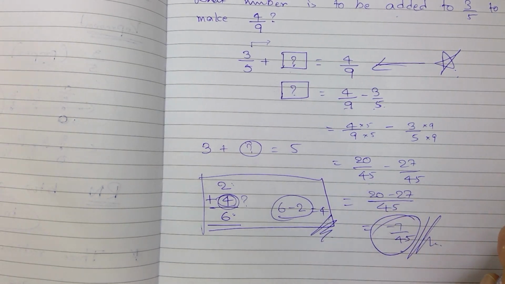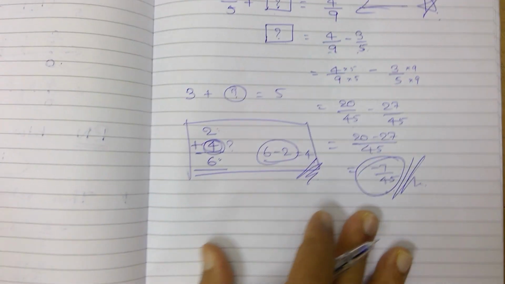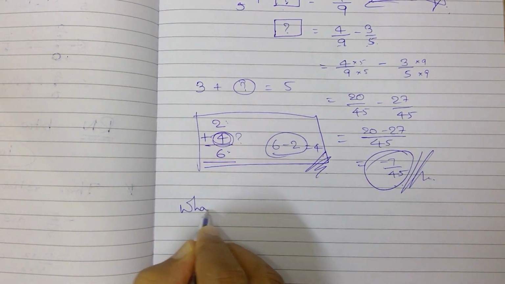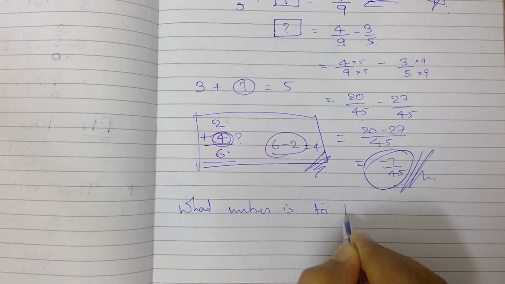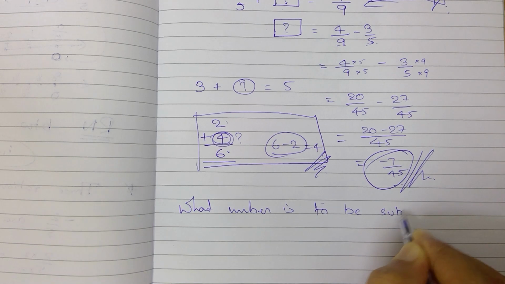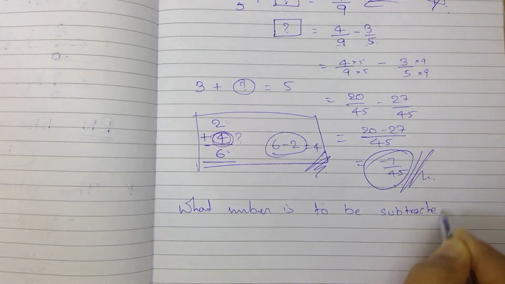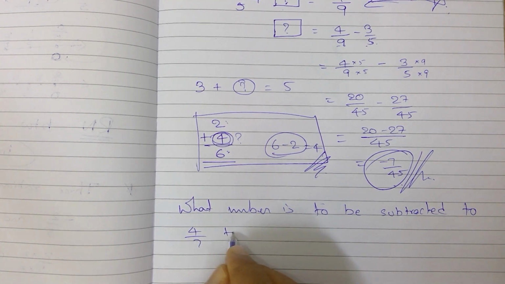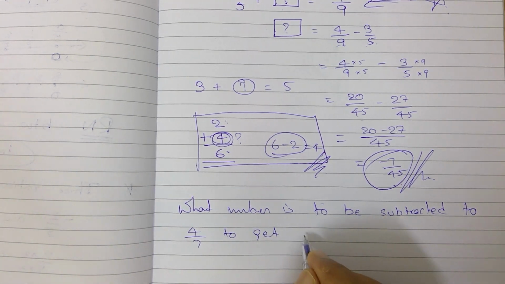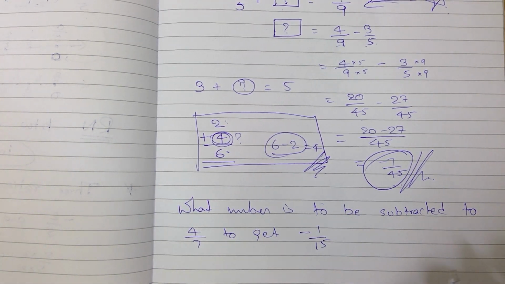Okay, now since you have done simple equations, you can do this. Now one more question, same. What number is to be subtracted from 4 by 7 to get minus 1 by 15?